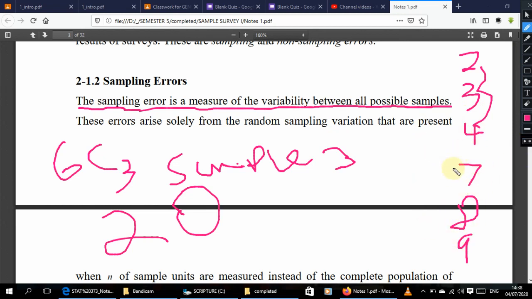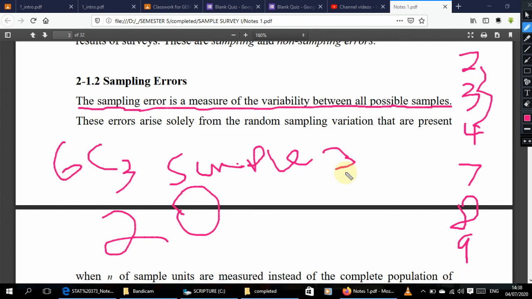We expect that there is going to be variability, there are going to be differences. Those differences are going to cause an error, and that error is called sampling error. So sampling error comes as a result of the fact that we are taking a sample, trying to pick a portion from a whole.